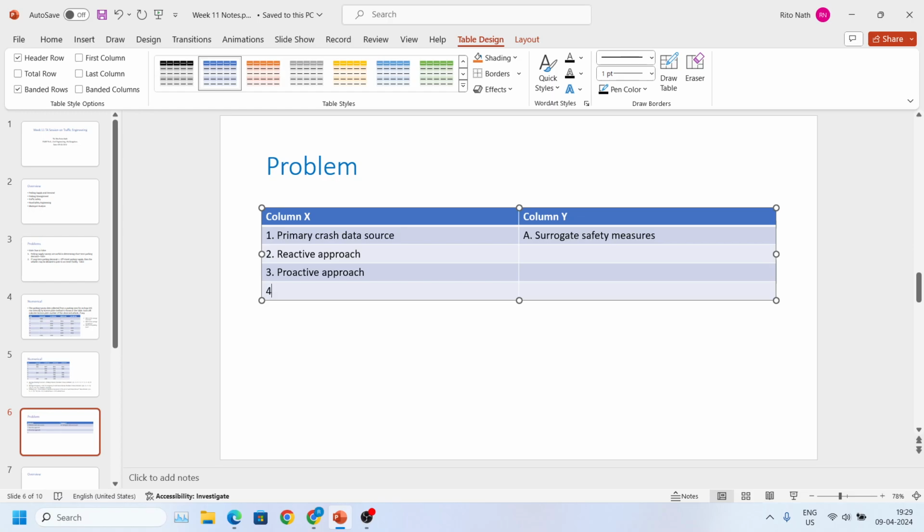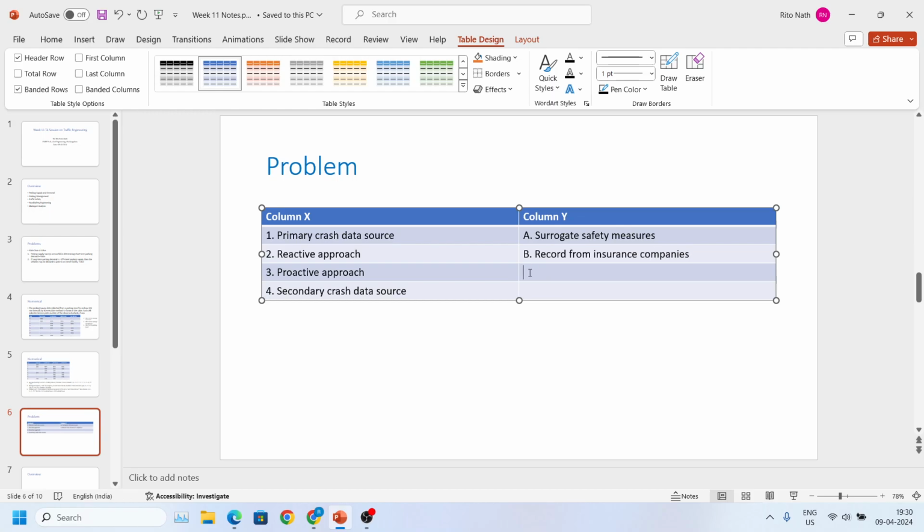First one is secondary crash data source. Then you have record from insurance companies.